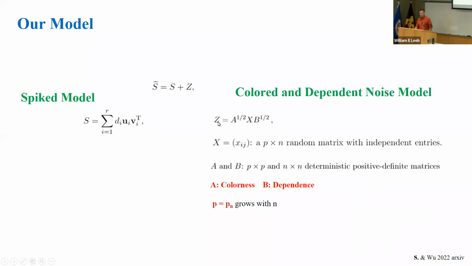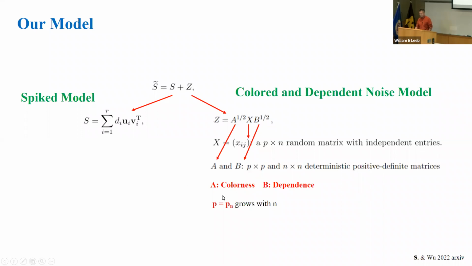Now Z is not merely white noise; it equals A square root times X times B square root, where X is a P by N random matrix. You can say previously it had a white noise structure, or you can say this is a more general setting. And A and B describe the colorness and the dependence.